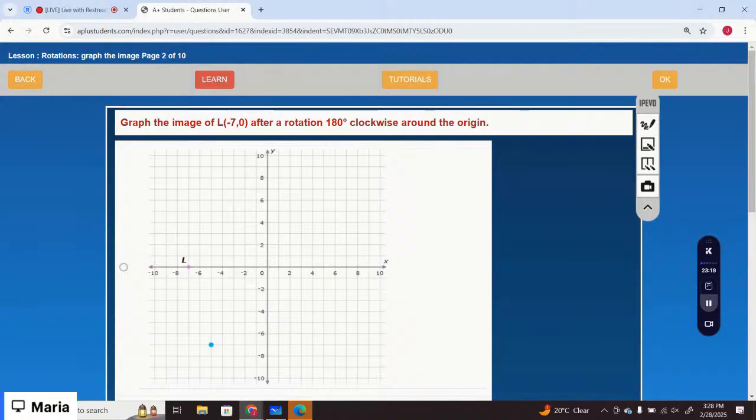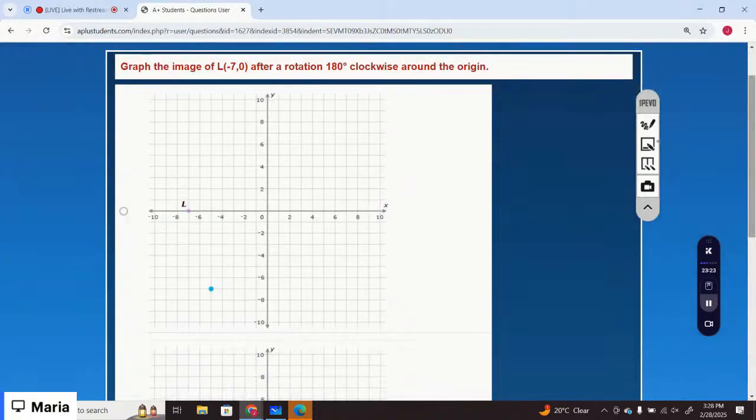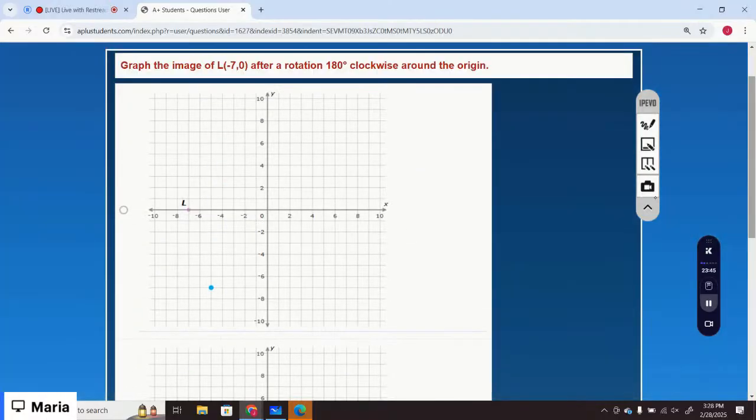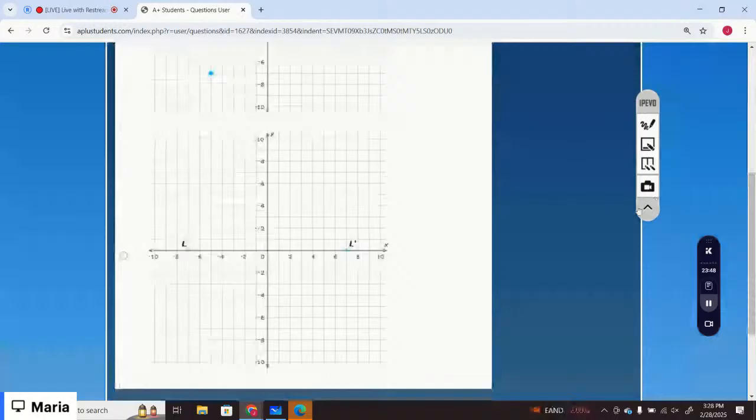Graph the image of L (-7, 0) after a rotation of 180 degrees clockwise around the origin. The point is (-7, 0). You have to move 180 degrees clockwise. Rotating 180 clockwise or 180 counterclockwise is exactly the same, right? The point is (-7, 0).